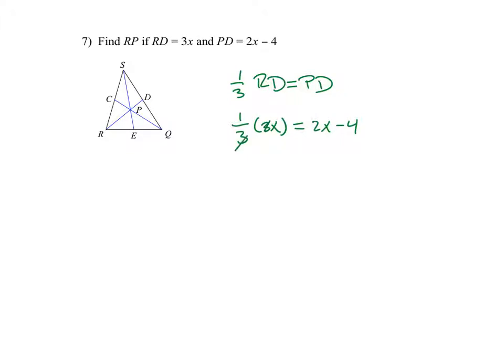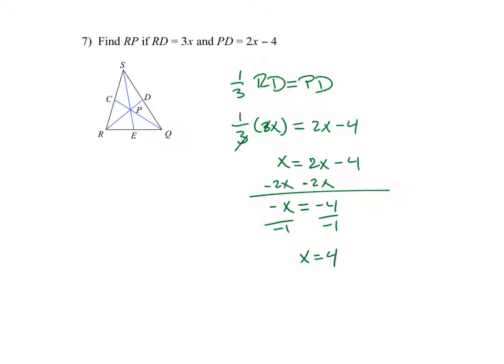I can cancel this 3x right here, so I have x equals 2x minus 4. So minus 2x on both sides. So I have that negative x equals negative 4, and divided by negative 1. So x equals 4. But now it's asking me to find RP.